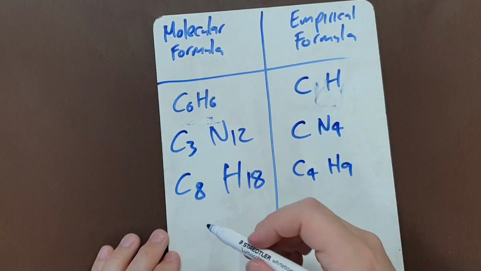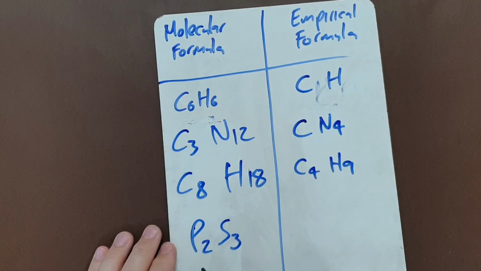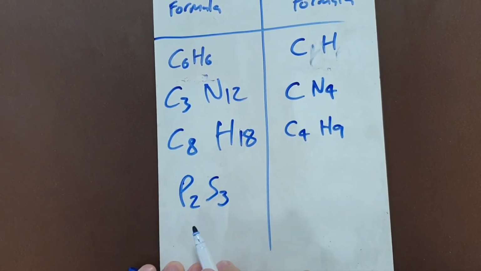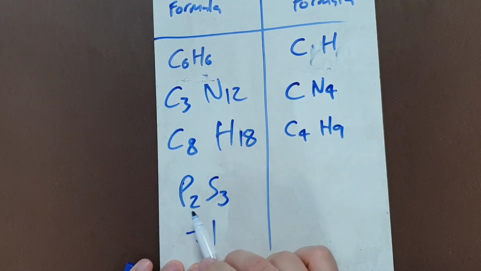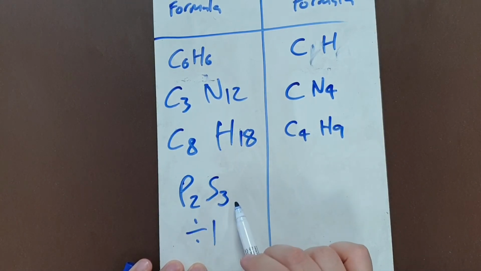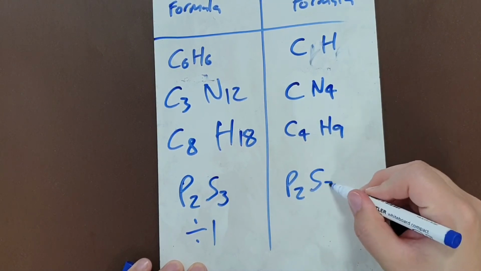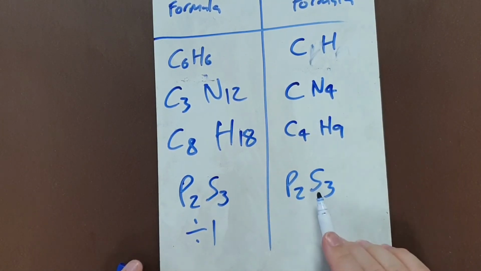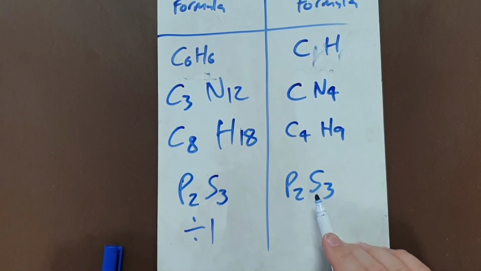So if we have P2S3, what's the largest number that we can divide both of these by? Well, it's 1. There's no number that you can divide 2 and 3 by, except for 1. And if we divide by 1, we get P2S3. So sometimes the empirical formula is exactly the same as the molecular formula because you can't simplify it anymore.